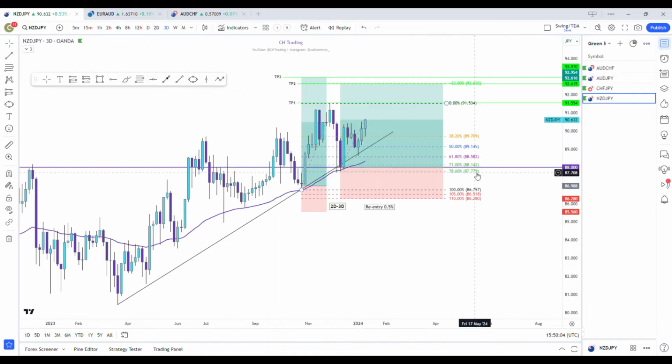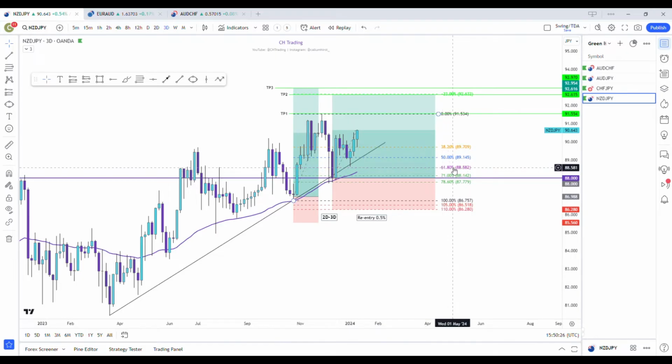I would suggest using the same colours as me because they do have meaning. So for example, the green 71 and 78.6, this is where we're looking to enter from. The 100 and the 0 can just stay black because that's the points that we're taking data from. The 105 and 110 I use as red because obviously that's your stop loss. The 61.8 I have as purple.